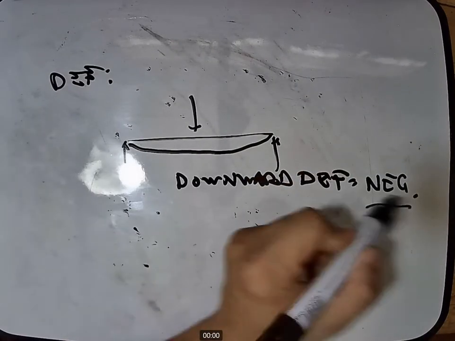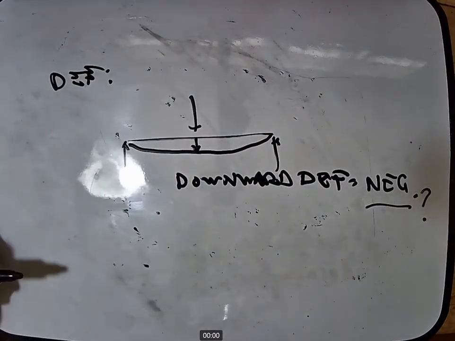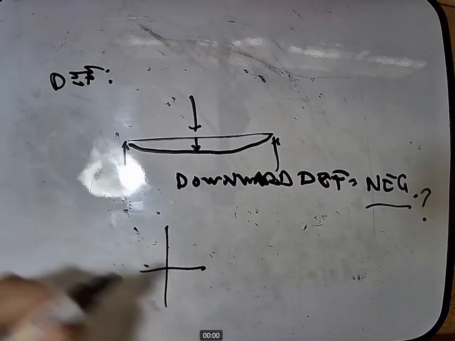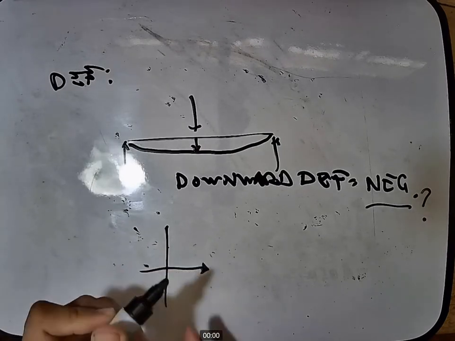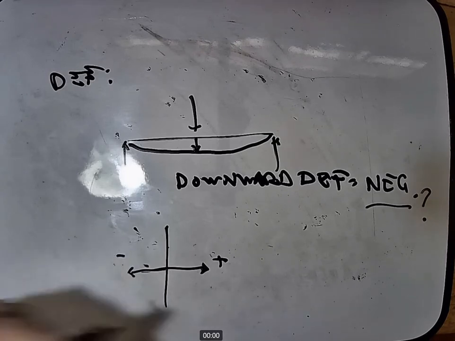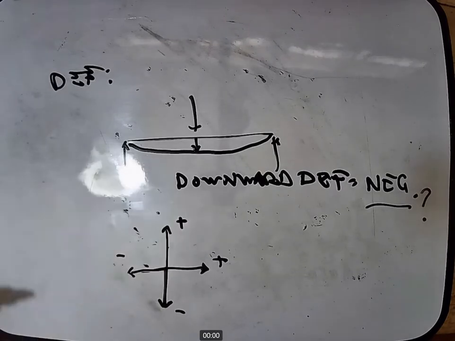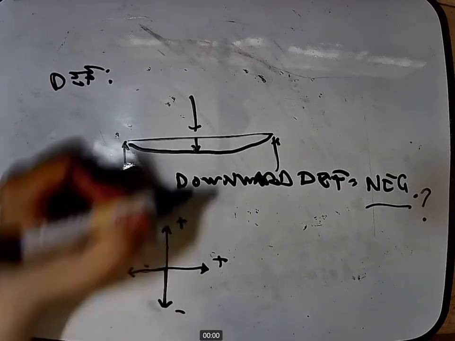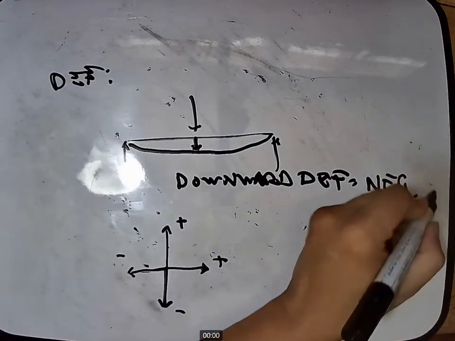Why negative? Dahil yung direction niya ay pababa. Remember na ang x and y axis, this direction going to the right is positive, then direction going to the left is negative, direction going down is negative, direction going up is positive. Okay? So, anong direction nitong deflection? It is downward, so gagamit tayo ng negative.